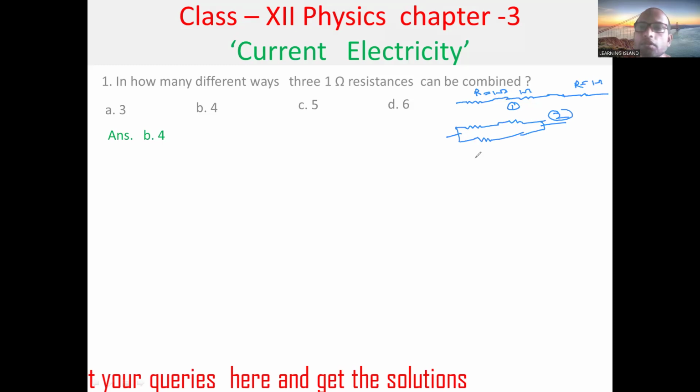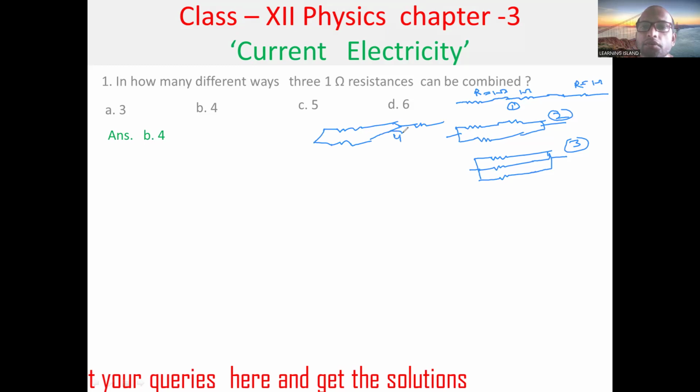Now again we can connect all these 3 in parallel, so we can connect them parallelly. So this is also one type of combination. So this is 3. Now we can connect another type. Connect 2 resistor in parallel and third one in series.